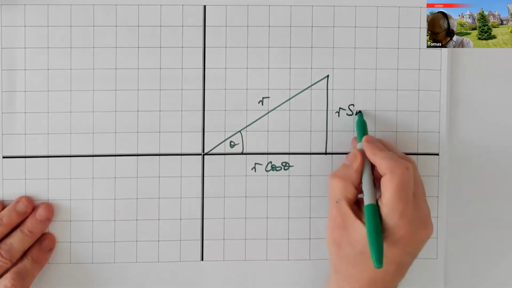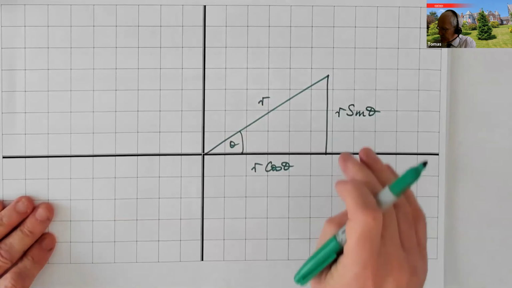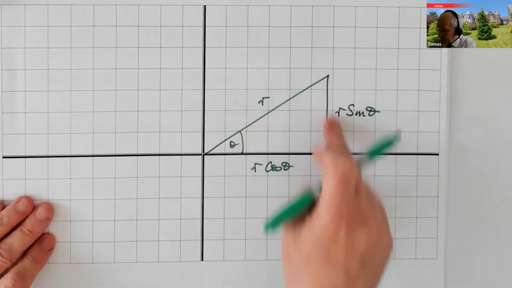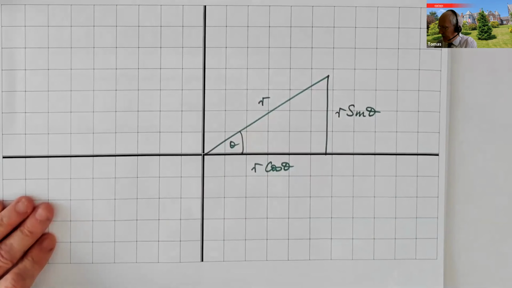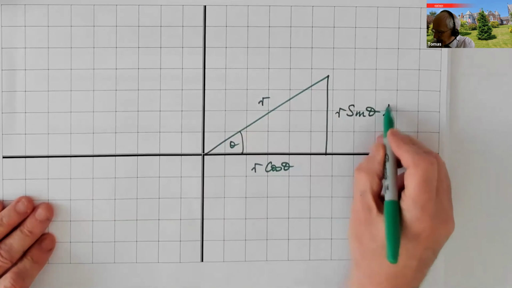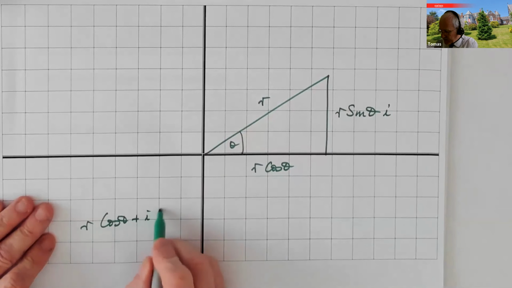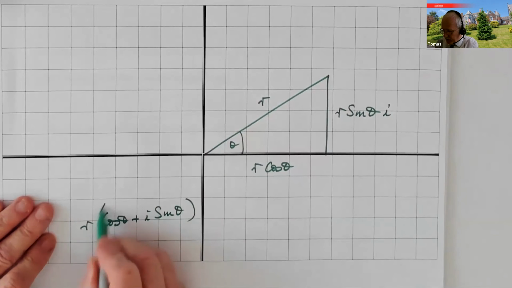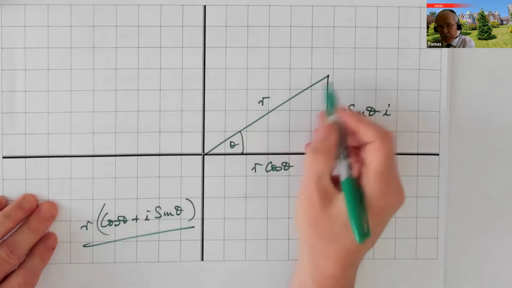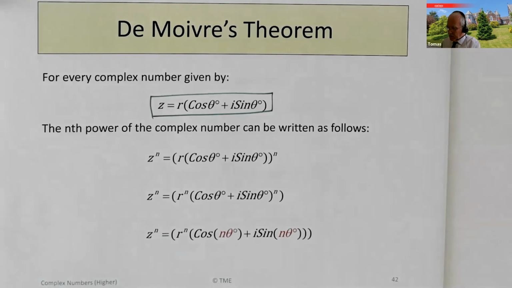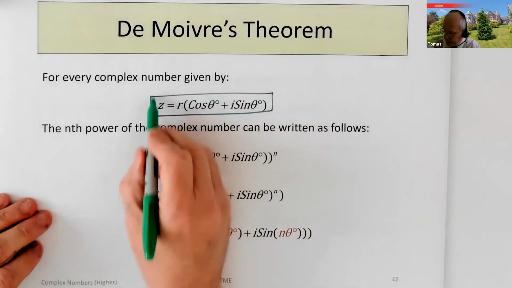And this must be r sine theta, because that over that is the vertical part, or the imaginary part. So r cos theta plus i sine theta, if we keep the r on the outside, is the complex number. So that's the complex number.